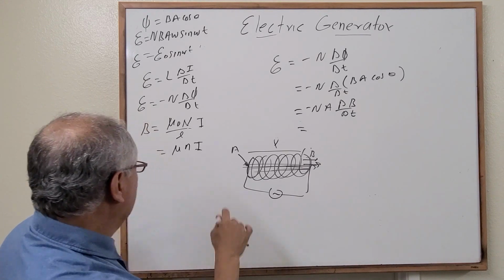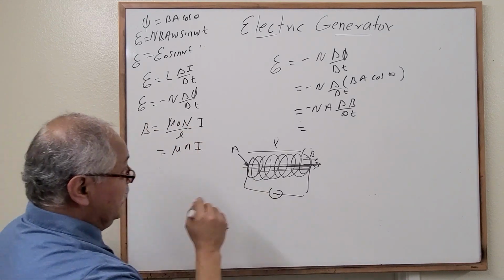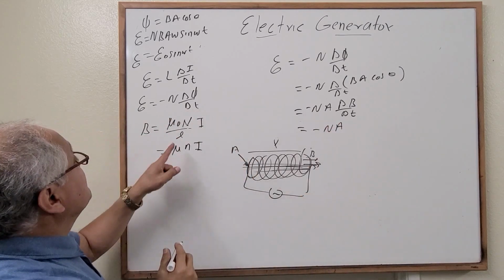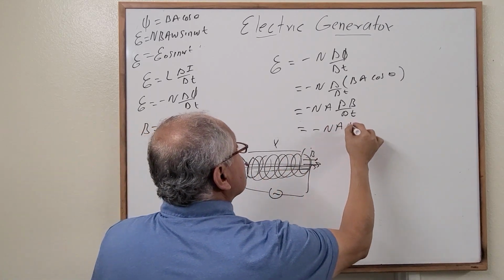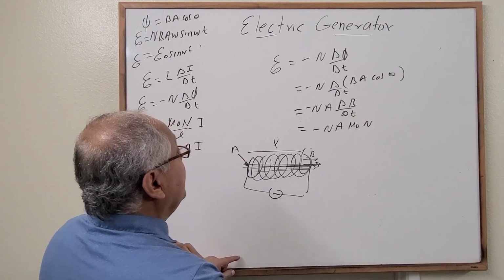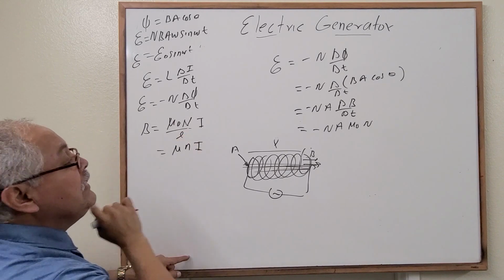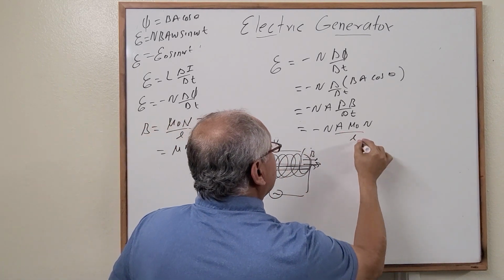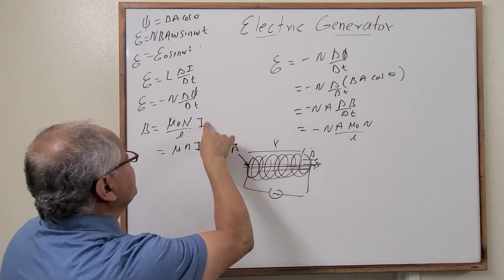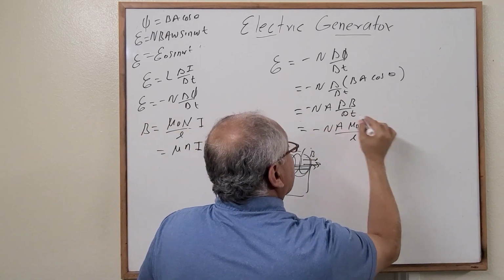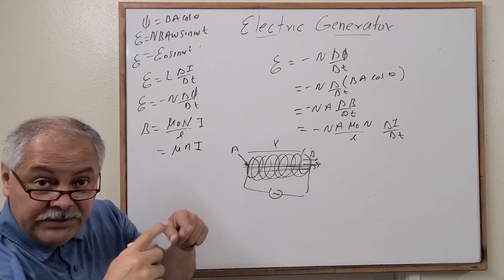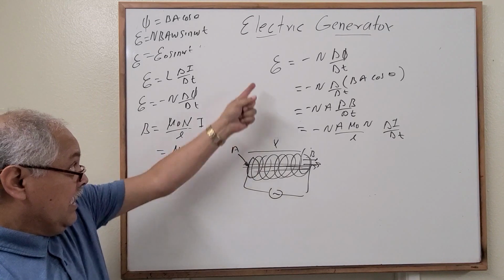This is equal to negative N A times what? This is a constant, it stays the same. Another constant, correct? Mu naught N divided by L times the change of the current with respect to time, because the current is changing for this EMF.